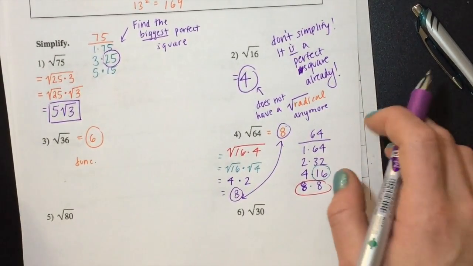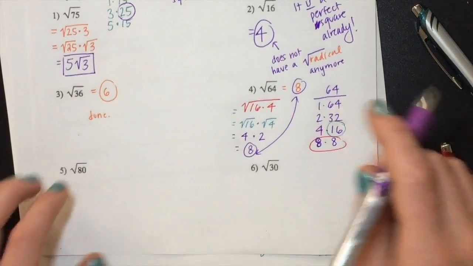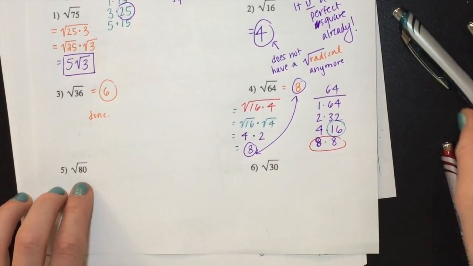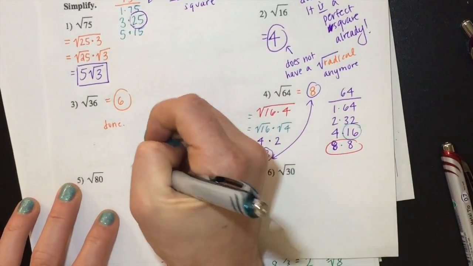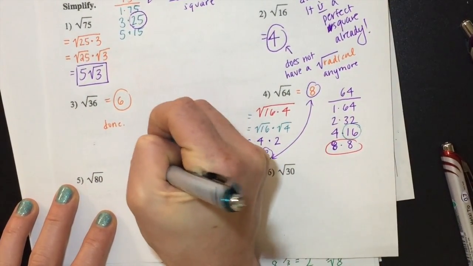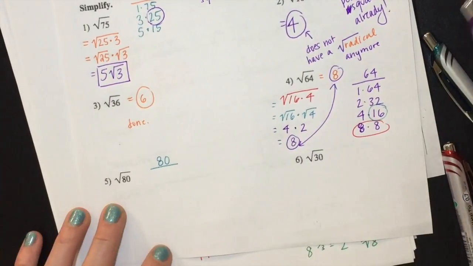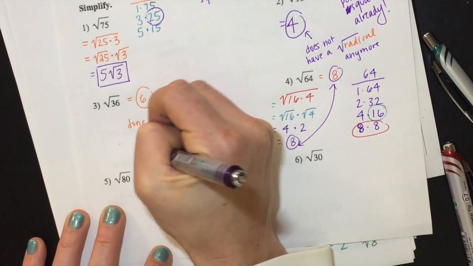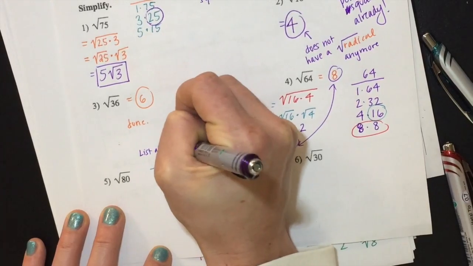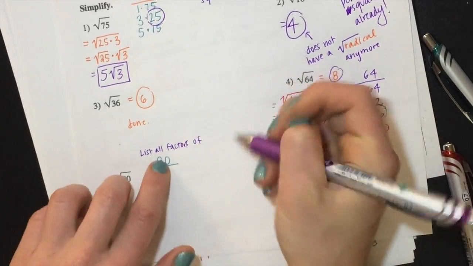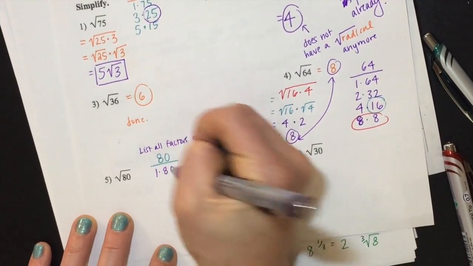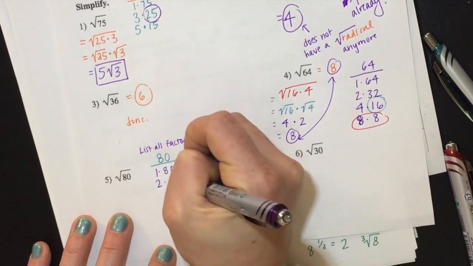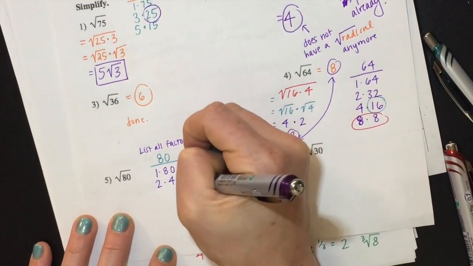Okay, let's do 2 more. Number 5 here, square root of 80. 80 is not one of my perfect squares, so I need to write the factors of it. I need to simplify it. So 80, let's list all factors of 80. So we got 1 times 80, okay? 2 times 40.